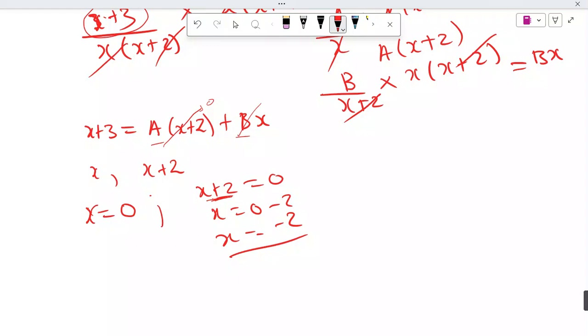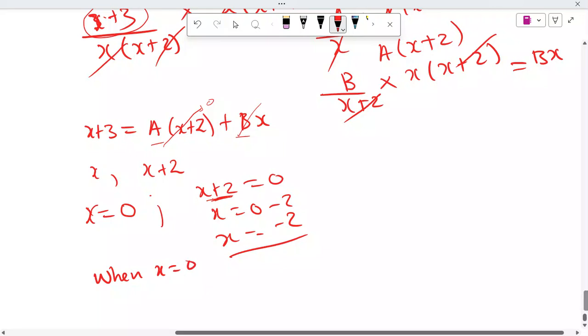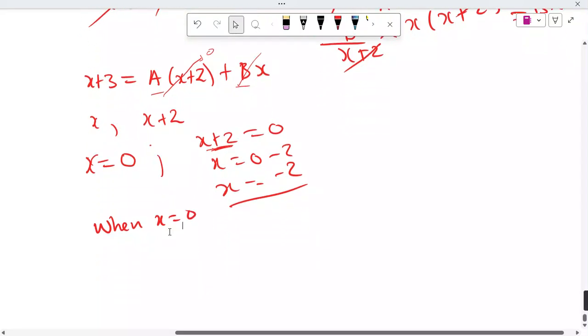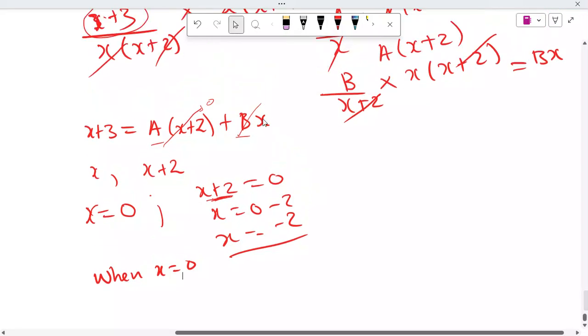Okay, so let's say when x is equal to 0. If you have understood, when x is equal to 0, B has x only, so it will be 0B. Then you substitute now. So x here you substitute 0 plus 3 equals A times (0 plus 2). If you want, you can write B where there is x, which is 0.